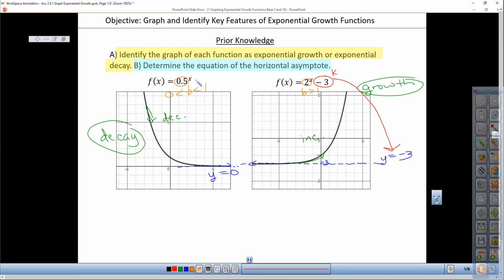In the decay function, there's nothing plus or minus after, so that's understood to be a +0. That's the k value there, which corresponds to the number in the horizontal asymptote. So we're going to talk about connections between the function and the graph also for these characteristics, such as what we've talked about here.